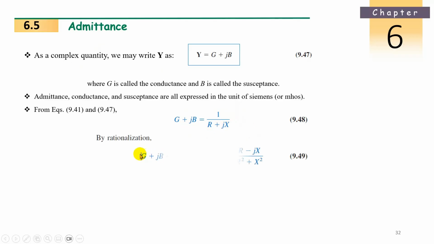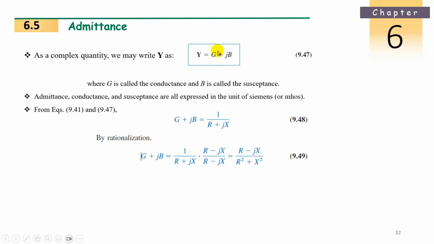Now rationalize this one. I want to take out the j factor in the denominator; I want it only in the top. So multiply and divide by R minus jX. In the denominator it will become R squared plus X squared, and in the top it will be R minus jX.